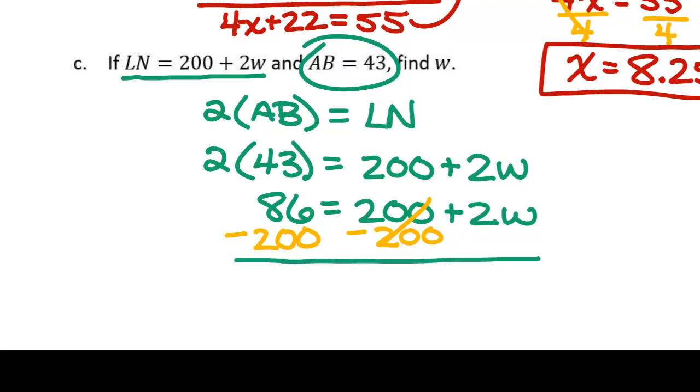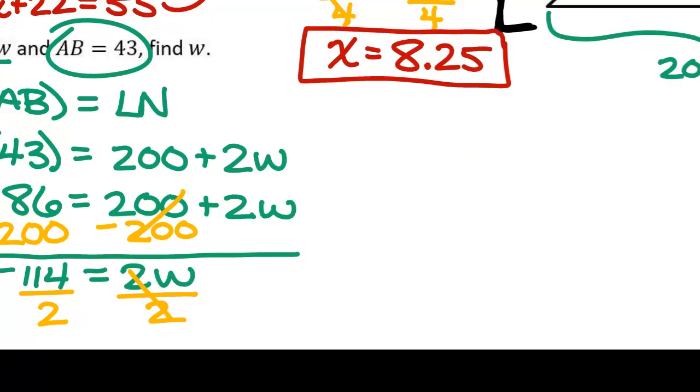I get negative 114 equals 2w. And then I divide both sides by 2. Negative 57, yes. Negative 57 is equal to w.